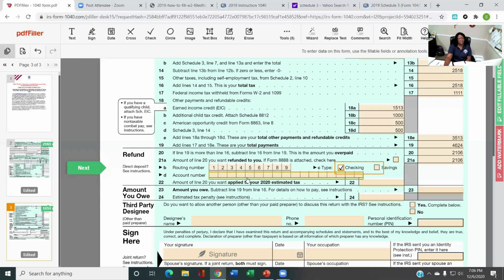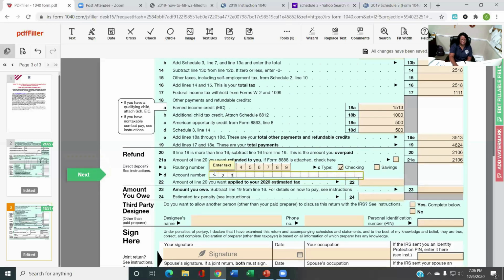It's always going to be nine digits, always. Checking or savings, and an account number, whatever it may be. It fluctuates. So you want to make sure all of that information is accurate. The two most important, we'll go over that at the end.